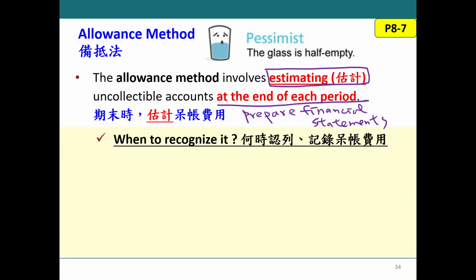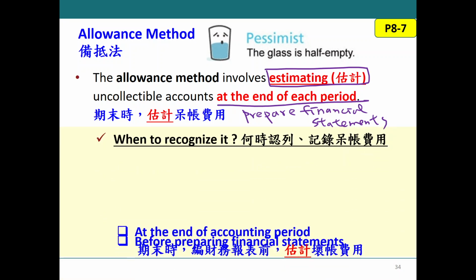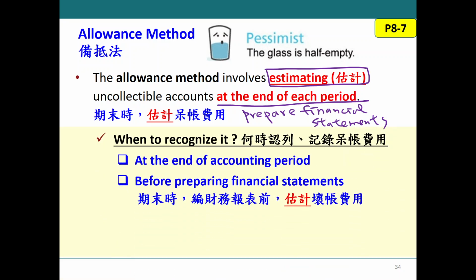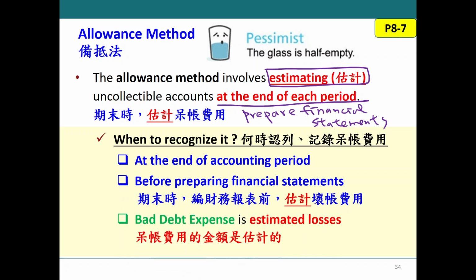So when we have to record the risk, at the end of each period, before we prepare financial statements, we have to consider the risk. Is the risk true or not? Of course, it's not true, right? It's our estimated loss because it has not happened yet. But we want to tell users the information.